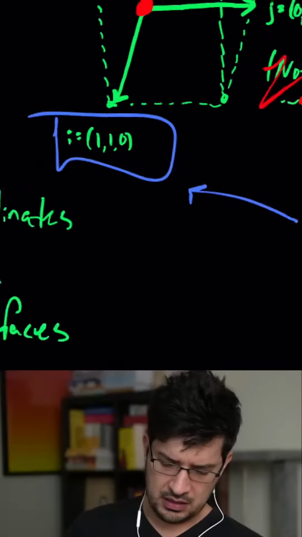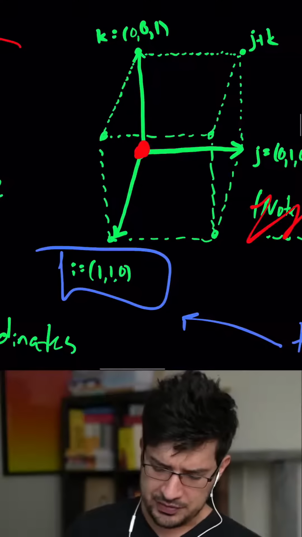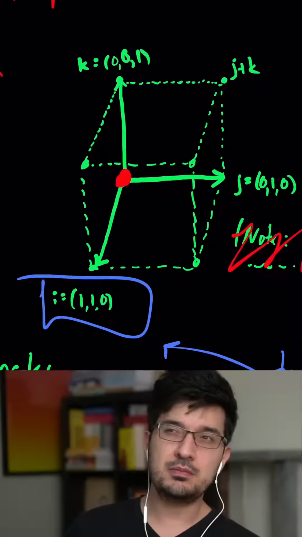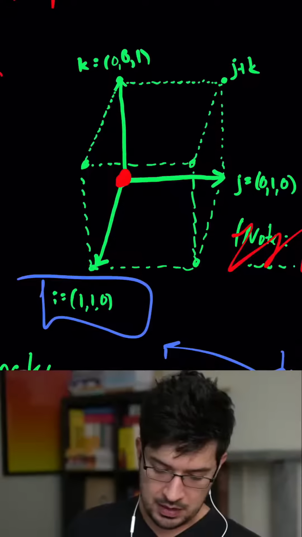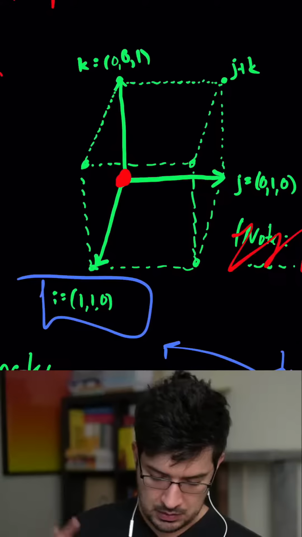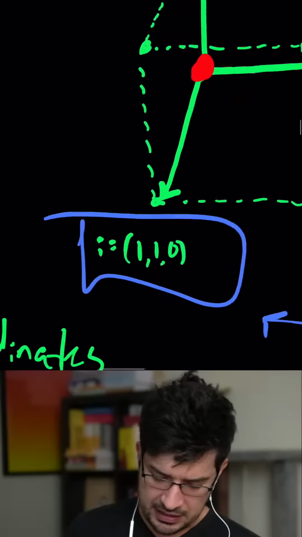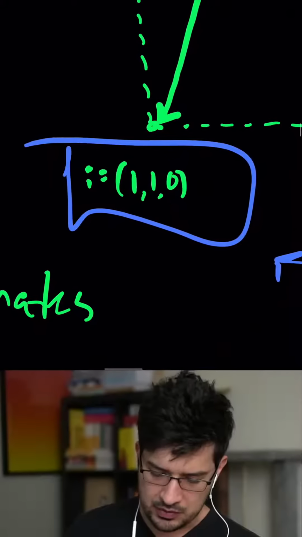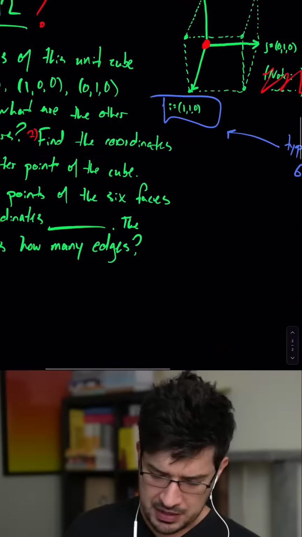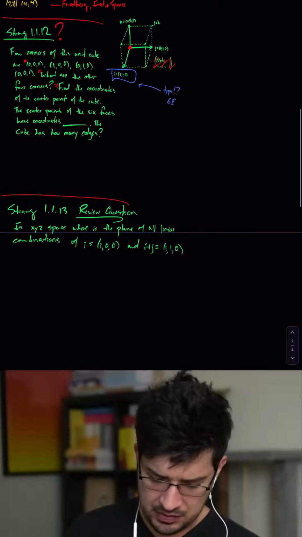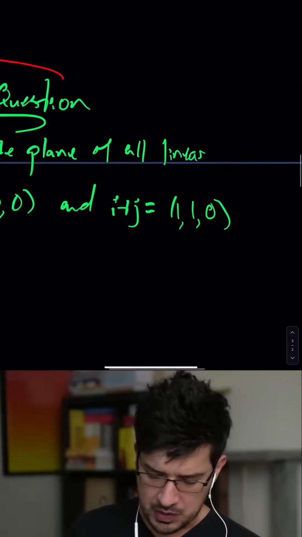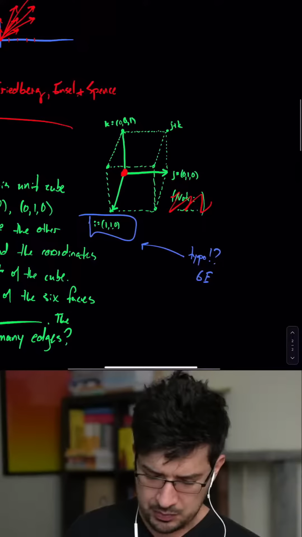Yeah, because it says that these questions are about this cube, and here it has I equals 1, 1, 0, but then down here it says I plus j equals 1, 1, 0. That makes more sense.